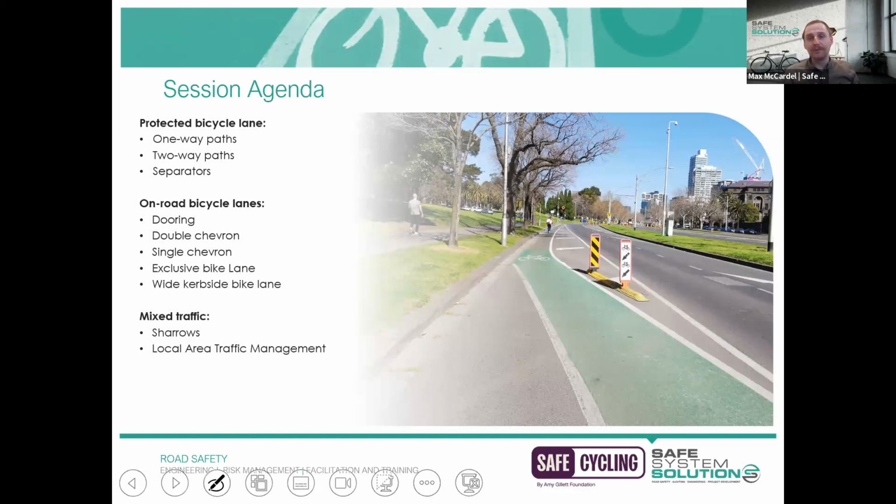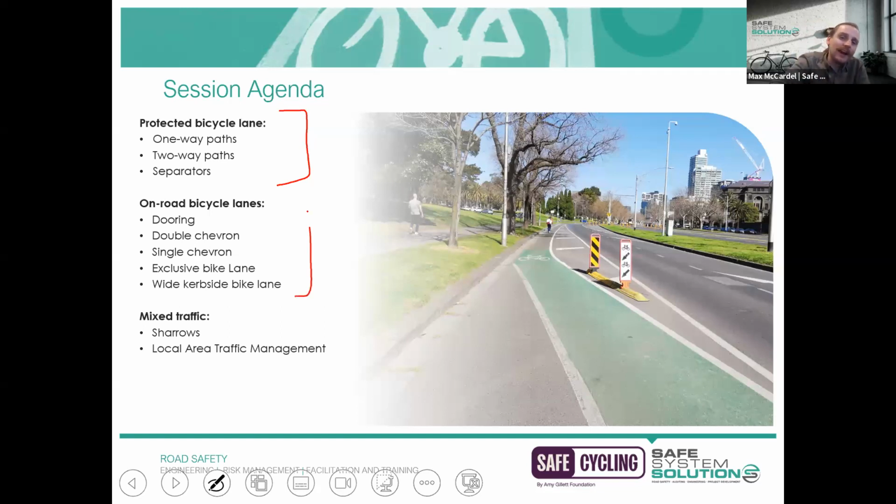The things that we'll be talking about in quite a bit of detail include the idea of protected bicycle lanes. This is really a strong and important part of the cycling network, and where cyclists tend to feel most confident is within protected bicycle lanes. So something that we're really proud to advocate for and love to see more of across our networks.